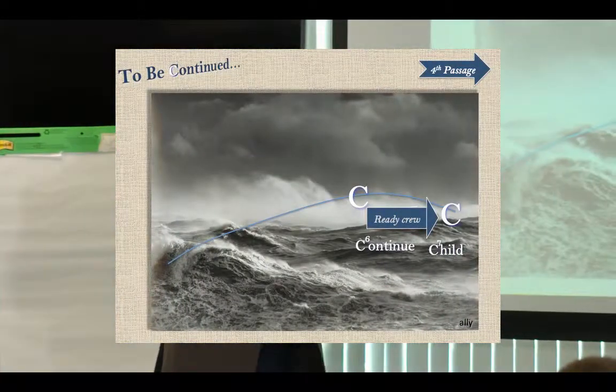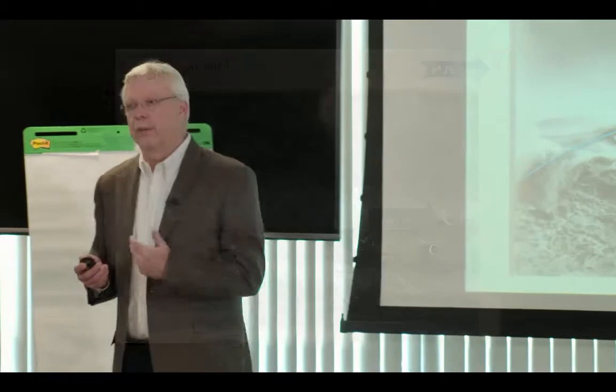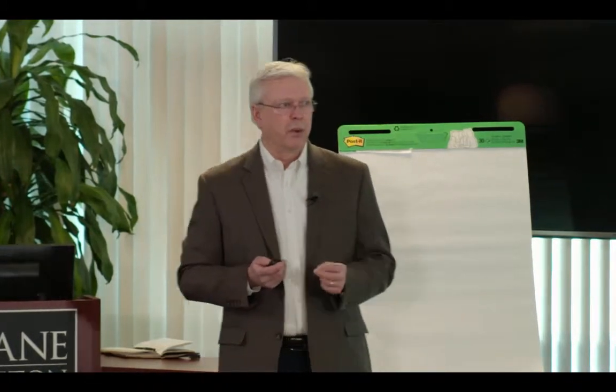Fourth, and near to the final passage of action, is to ready the crew. We've built the business, we're competently operating it, we're dealing with all this socioeconomic change and complexity, and now we're entering that phase of life where maybe there's another generation that has an interest. So readying the crew, in nautical terms, is upon us next.